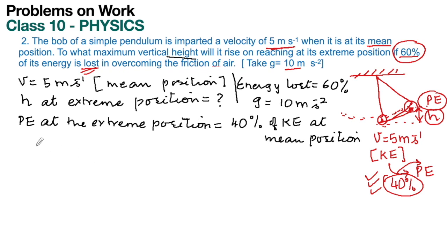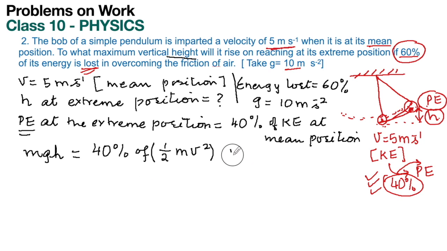Correct? So, potential energy, what is the formula for potential energy? It is mgh. And that will be equal to 40% of kinetic energy. What is the formula for kinetic energy? Correct? Did we understand up to here?